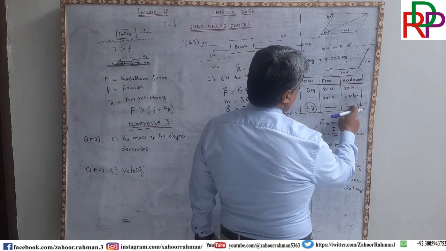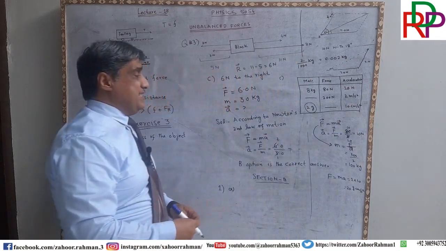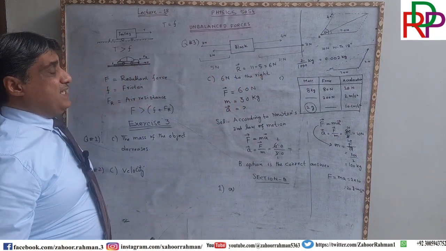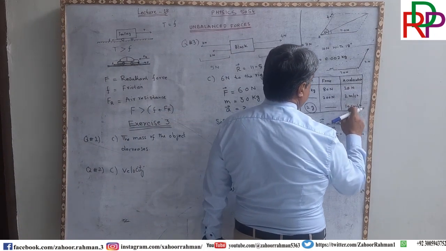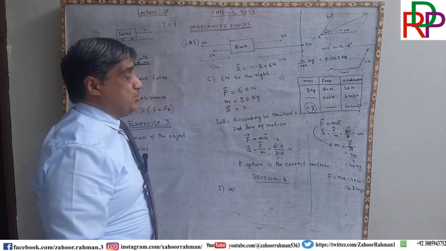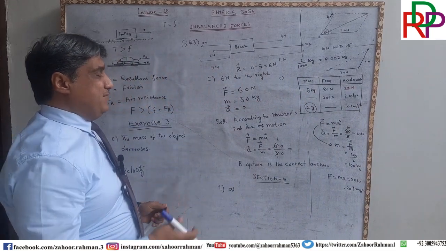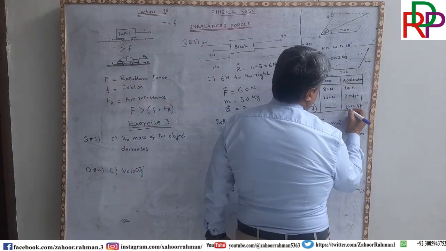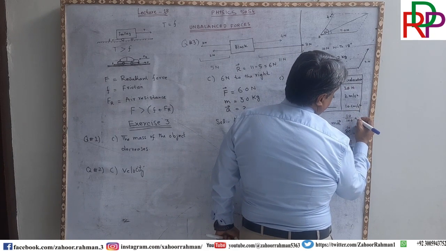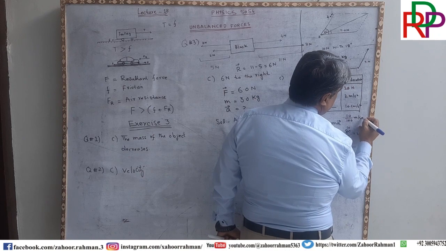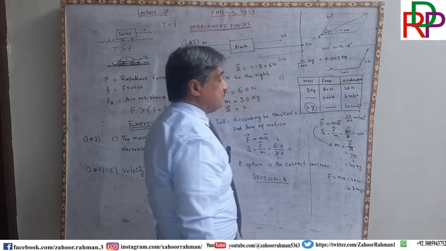So 10 centimeter we have to write instead of this 10 over 100. So 10 centimeter divided by 100, so 10 divided by 100 meter per second square.